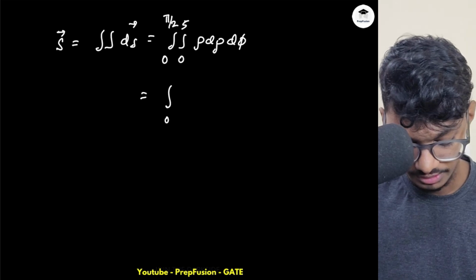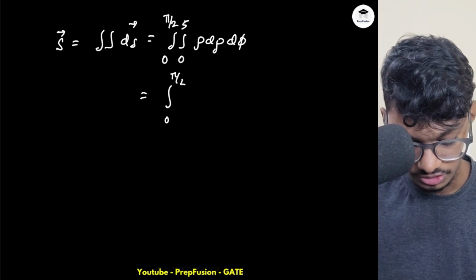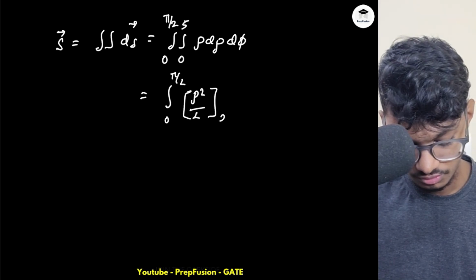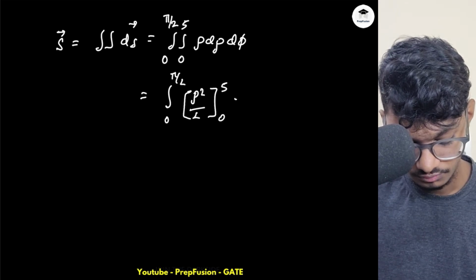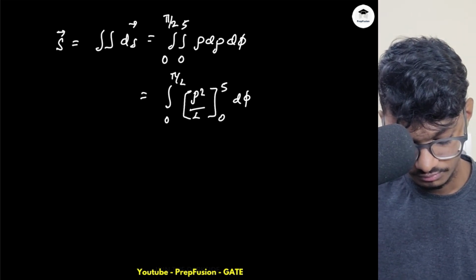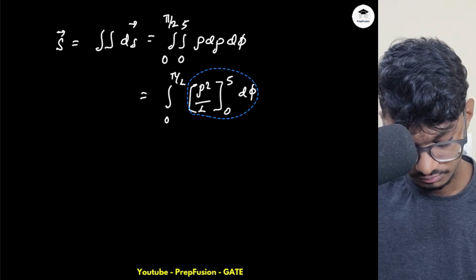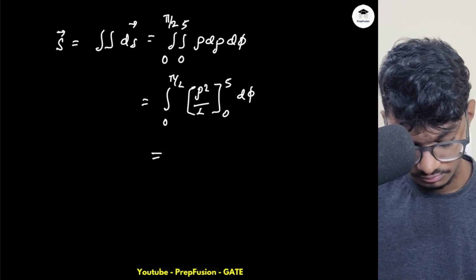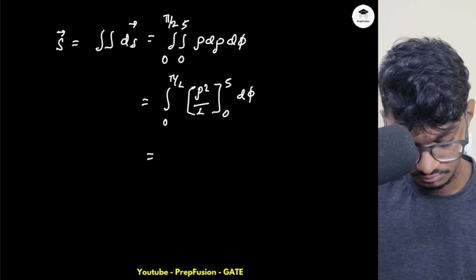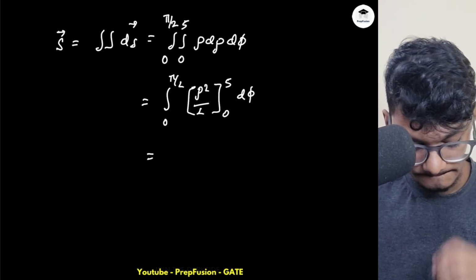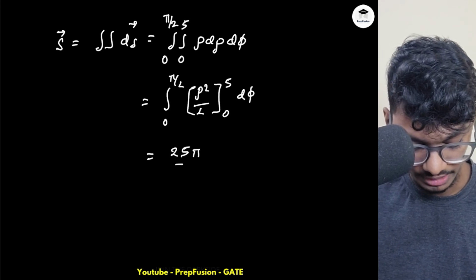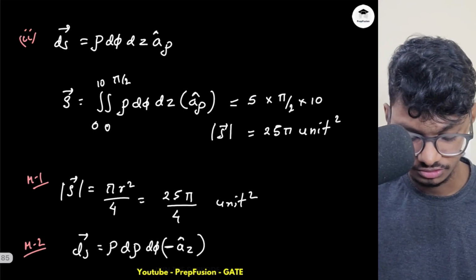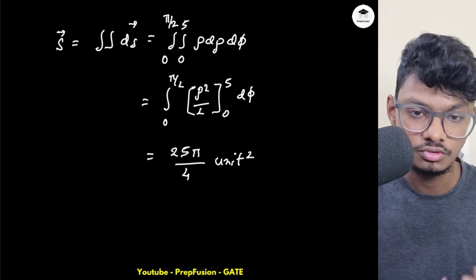This will remain pi by 2, and this will be rho square by 2, from 0 to 5, d phi. So 25 by 2, and this will become 25 pi by 4 again. So this is the generalized method, and using basics also you can solve. I'm just teaching you the basic things.